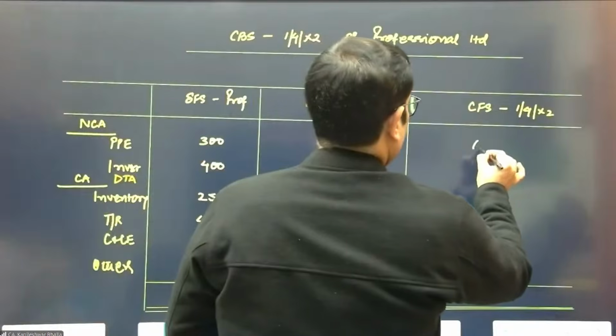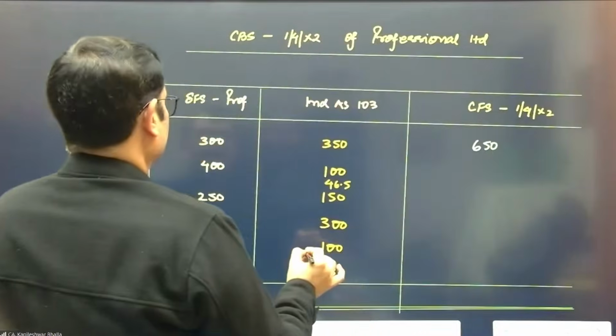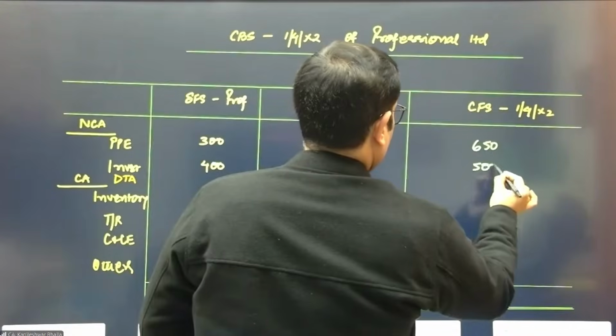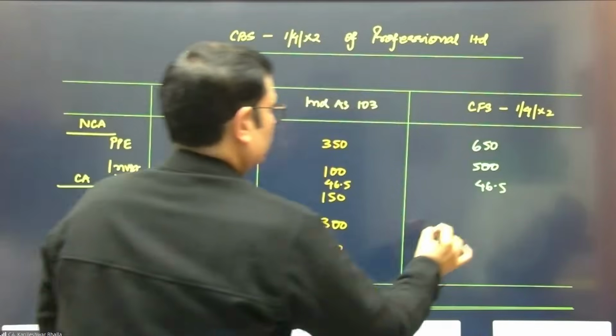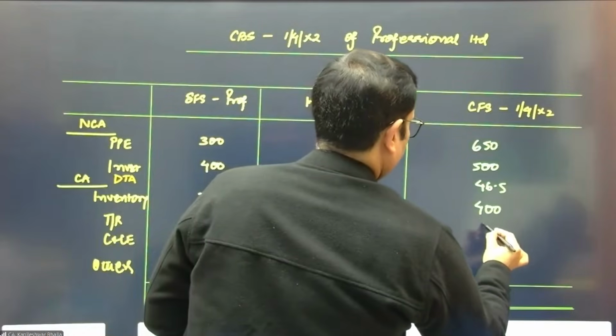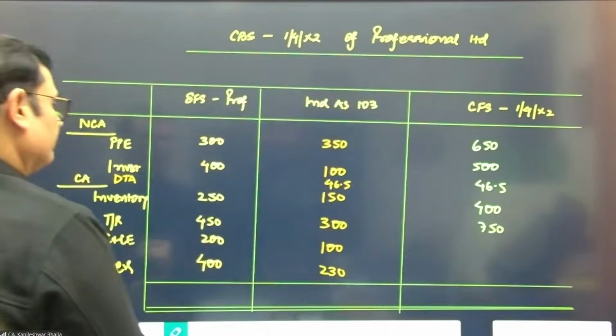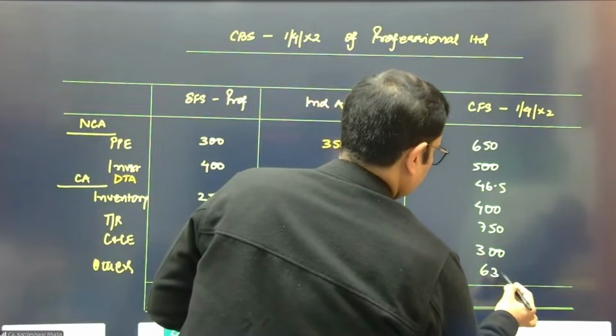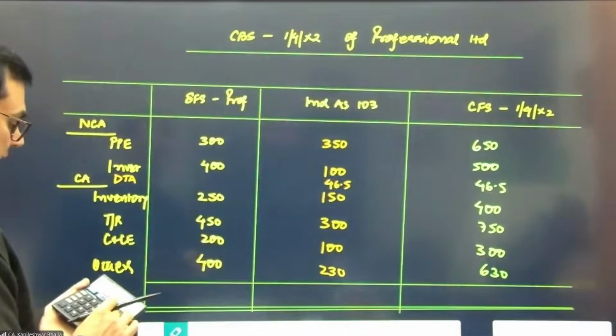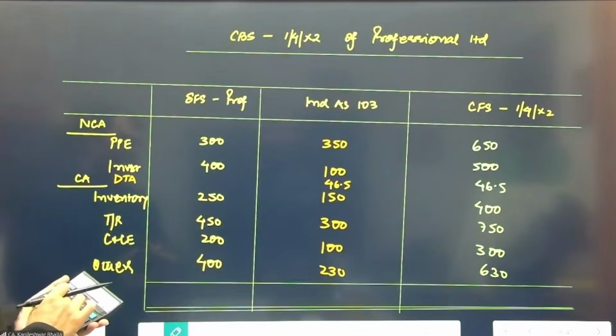Now let's go back to the asset side as well. This is 650 and this is 500. This is 46.5. This is 400 and this is 750. This is 300 and 630. Let's, I think, add this up as well.